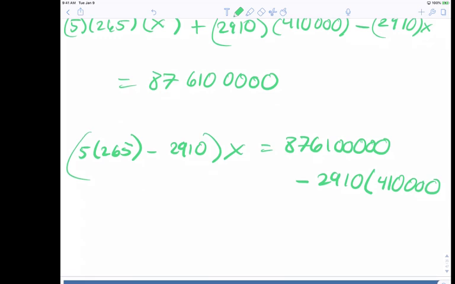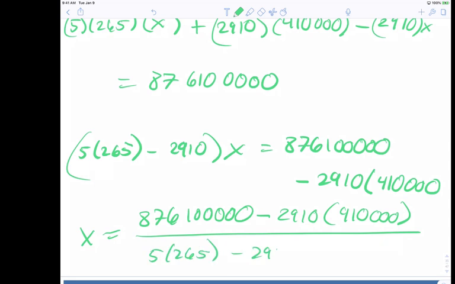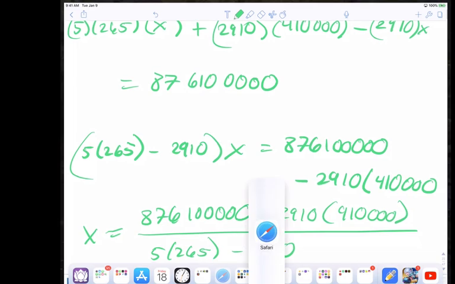So ultimately, we should get 876 100 triple 0 minus 2910 times 410 triple 0, over 5 times this 265 minus the 2910. Let me crunch this number, see if it works, and we'll have a discussion. I know it's a lot. You don't have to do it this way. You just got to find something that works for you. Let's see.